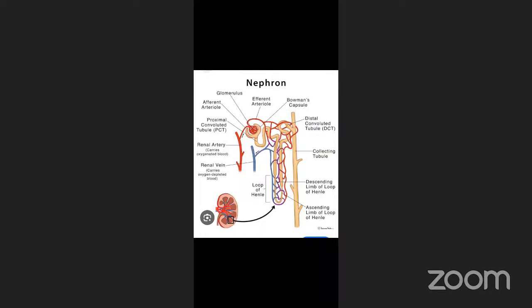Osmoregulation in this case will occur to bring a balance of the quantities of salts and water within the body fluids. Now you'll describe what happens if the osmotic pressure is high, and also when it is low, which gland releases which hormone, and what is the effect of that particular hormone on the nephron?